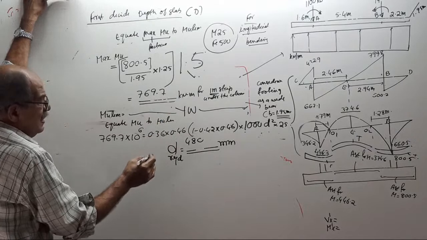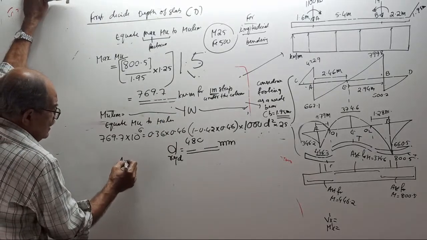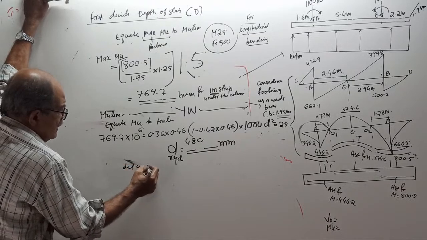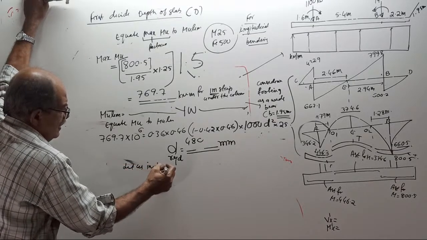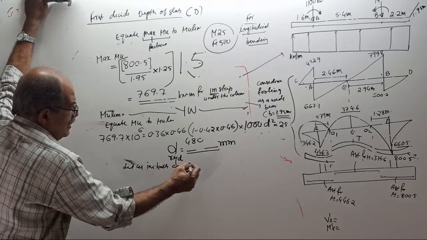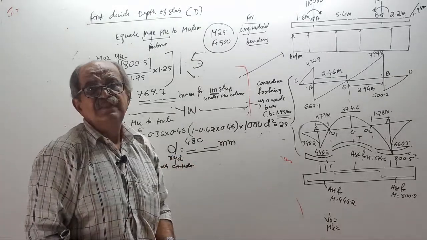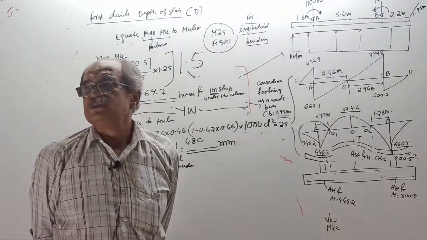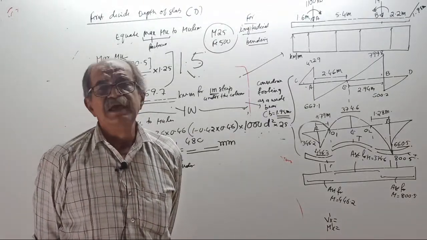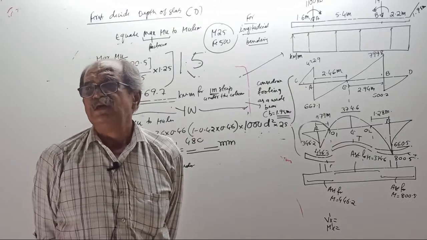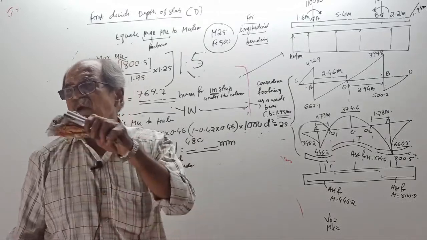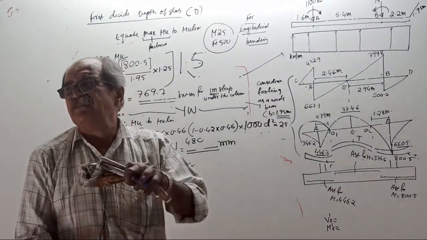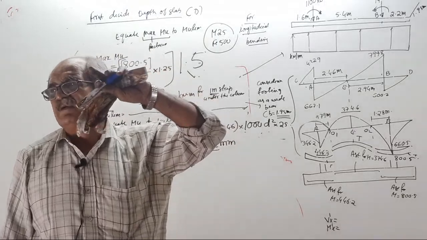Now, assume the diameter of bar, or let us initially consider. This 480 is the D. Correct? Now, we are going to increase it by around 75%, because this 480 will not hold. Later, once the depth comes, we will increase it by around 75%.